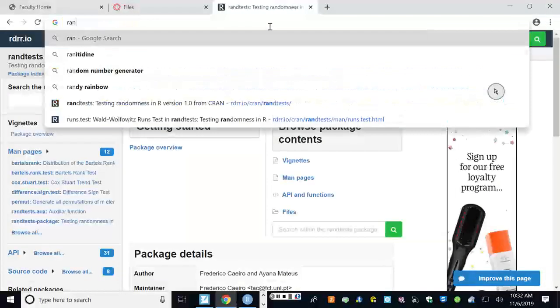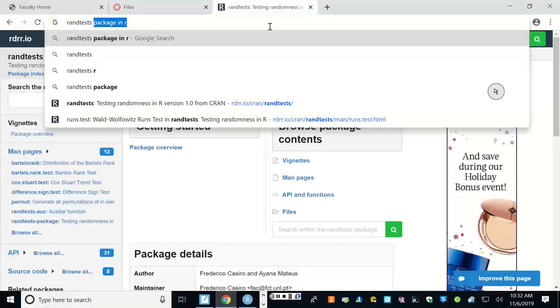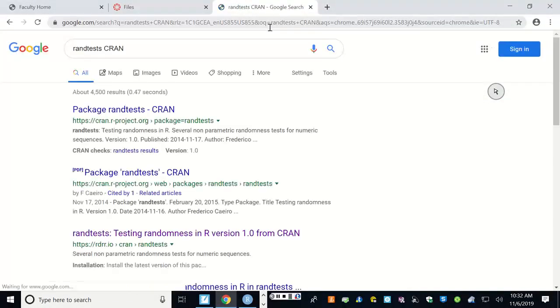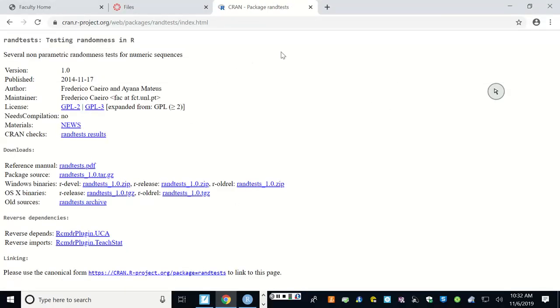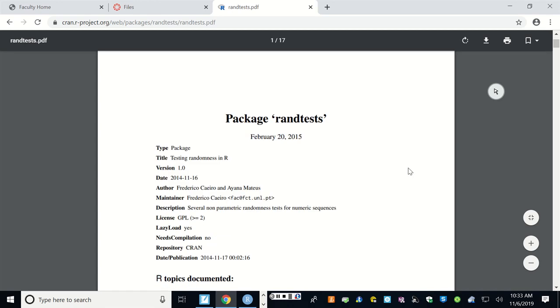One place to look for these packages is CRAN. CRAN is the Comprehensive R Archive Network, right? And so randtests is a particular package. It has a reference manual that describes some of the things that are in there, if you want a hard copy, a PDF copy to look at these things.